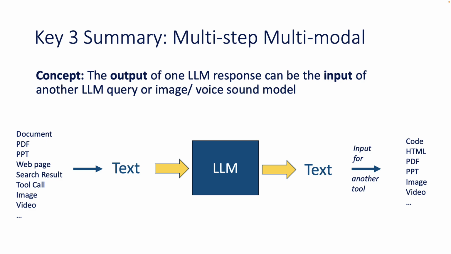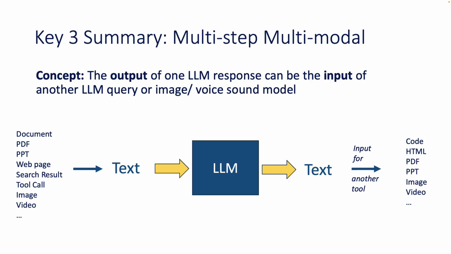That text then is going to be the input for an LLM. These large language models, these are trained on text. So they expect text as an input, and as you expect, they have text as an output. This text as an output can then be an input for another model.